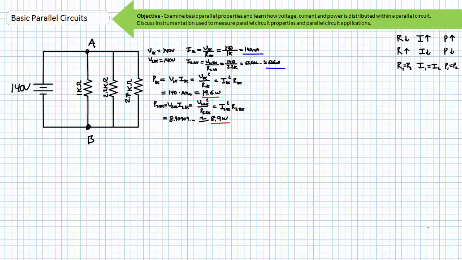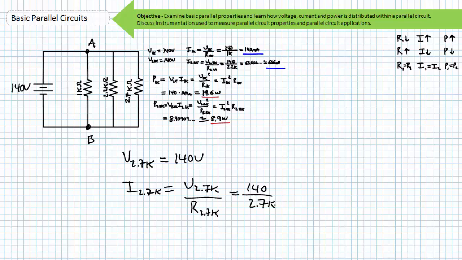Given this new 2.7 kilo ohm resistor is also in parallel to our original configuration, the voltage across it is also 140 volts. Ohm's law states that the current drawn by this resistor is the voltage across it divided by its resistance. 140 volts divided by 2.7 kilo ohms yields a current draw of approximately 51.9 milliamperes.